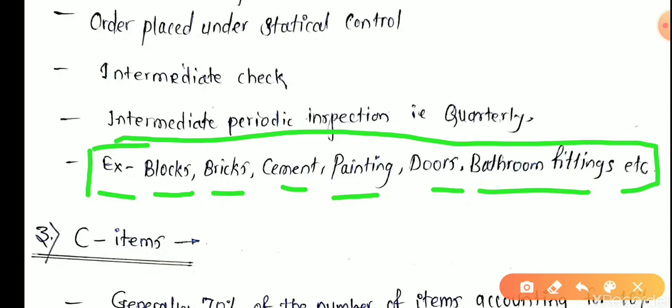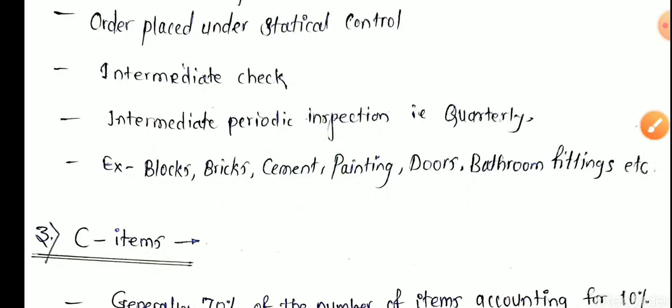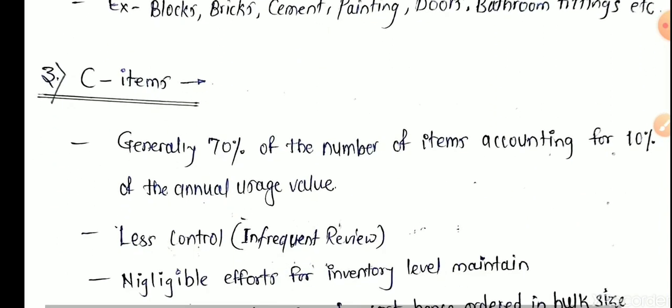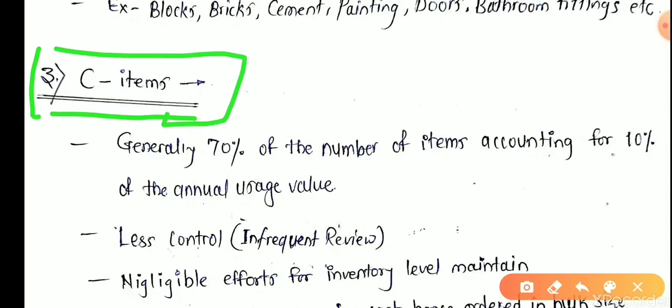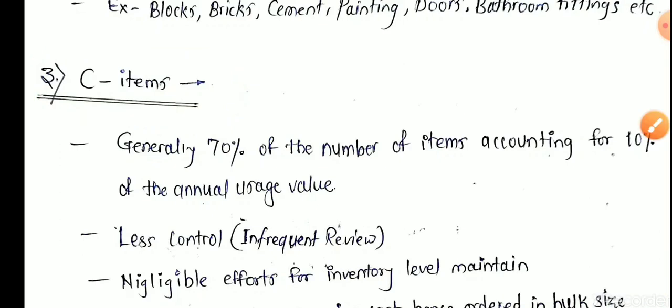Sometimes cement goes in the A type of item, or sometimes in the B type, according to the type of building. Now, C type of item. Listen carefully. If you take a practical example or numericals on this ABC analysis, we get a clearer picture. The next video is on numericals of this ABC analysis.